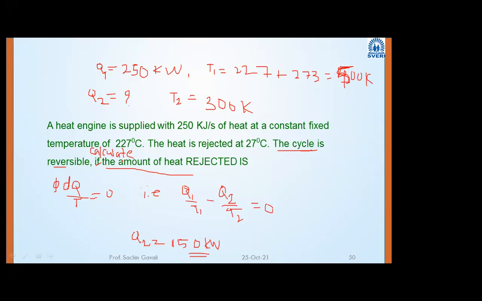The amount of heat rejected. Write down and solve. It is a reversible cycle, which means a Carnot cycle, because the Carnot cycle is the only reversible heat engine cycle.